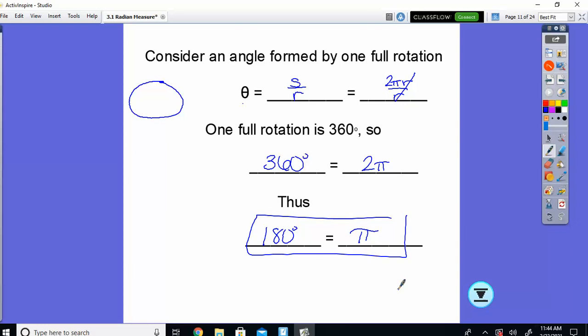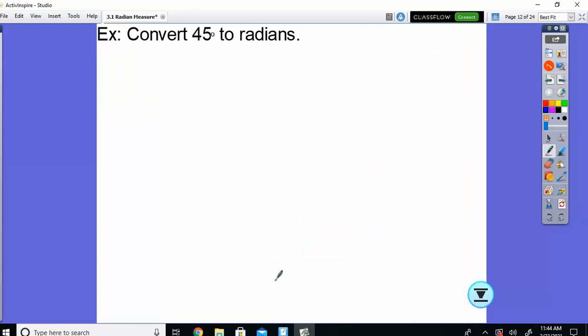So we're going to just do some examples, converting back and forth between the two. If I want to change 45 degrees to radians, okay, we've done some conversions before, haven't we?